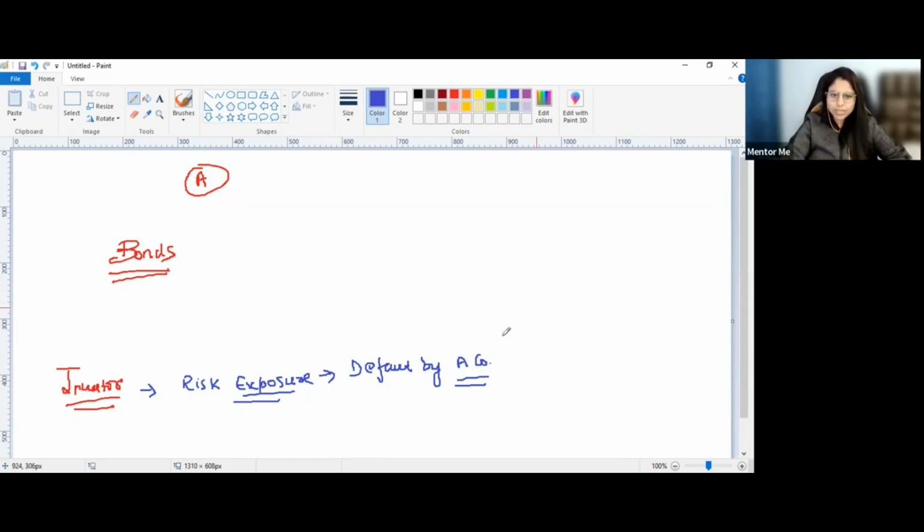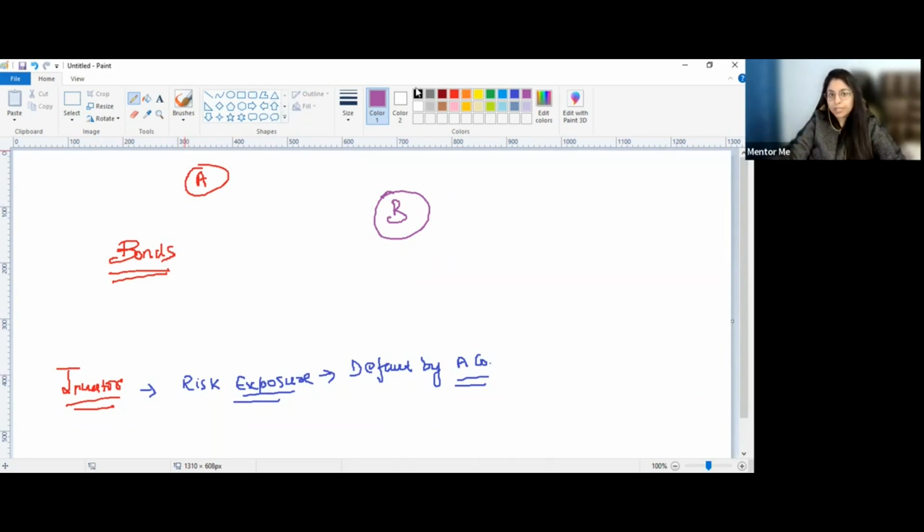Now, say there is a financial institution or a bank, which we call B. B company is pretty sure that A company will not default, or the probability of A company defaulting is very less because A company is creditworthy.